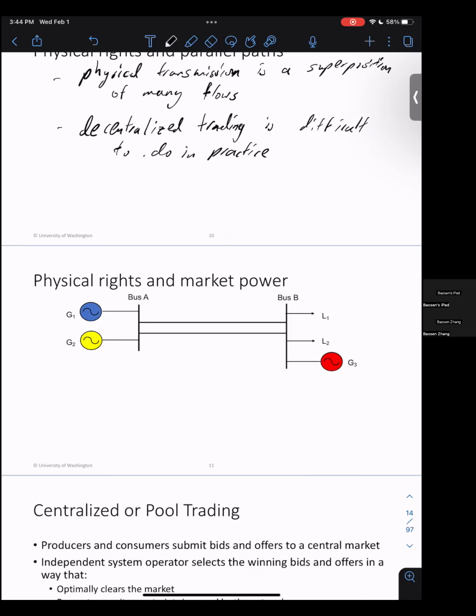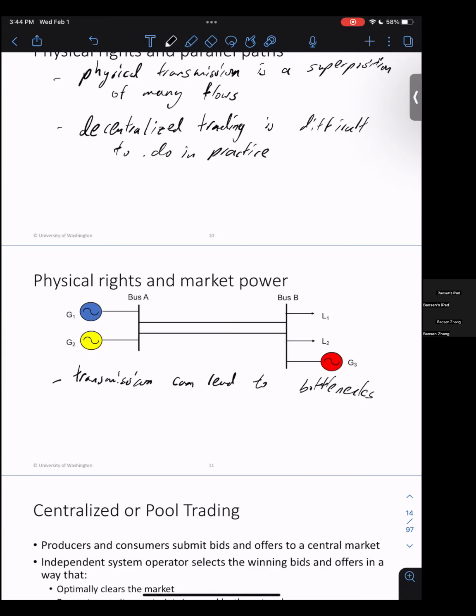Okay, so this means that there are very difficult issues around market power and physical transmission. Transmission can lead to bottlenecks.